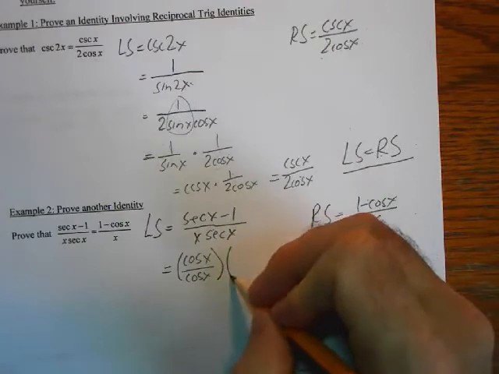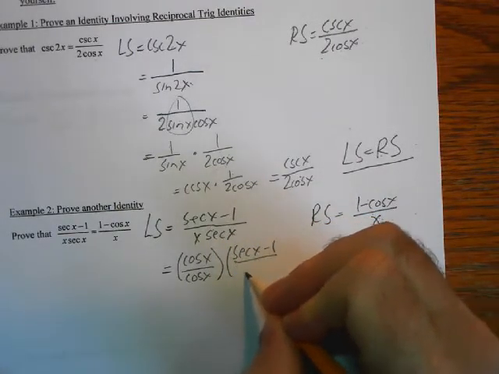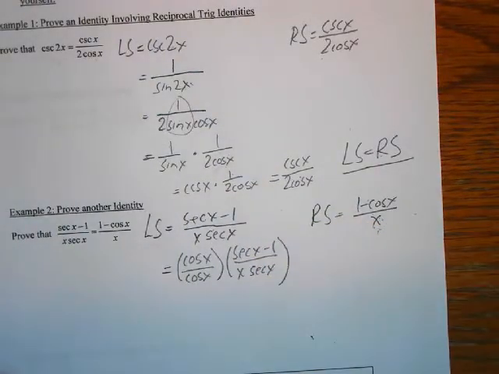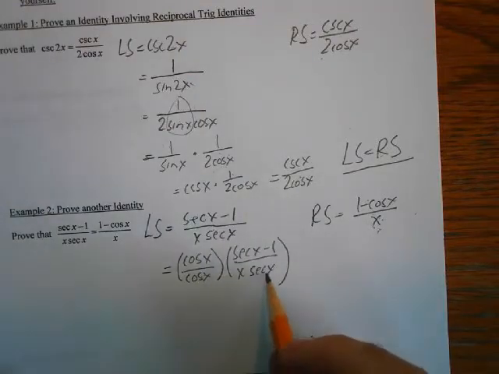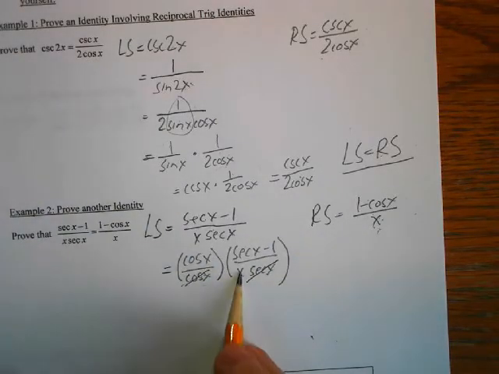And then the rest of it is still here, secant x minus 1 over x secant x. Okay, and I can see I can actually cancel the cos x with the secant x. And now I'm just left with the bottom having an x, and that's great news.